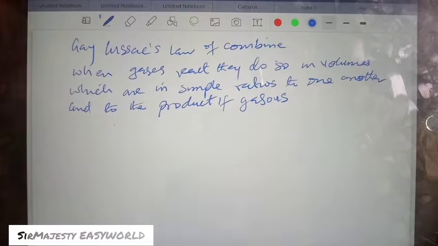So when gases react, they do so in volumes which are in simple ratio to one another and to the product, if the product is a gas. So that means that mole determines their volume. What they do in mole is what they do in volume, and what they do in volume is what they do in mole. That is it.